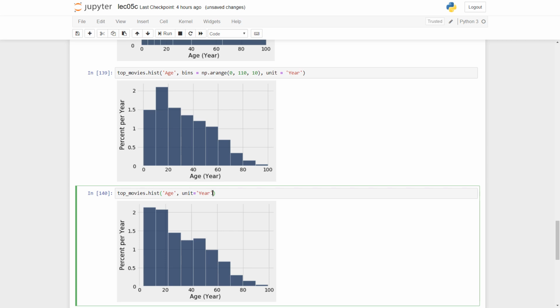Okay? Why are these two plots different? Are they the same or different first? They are different, right? They are clearly different. Why?